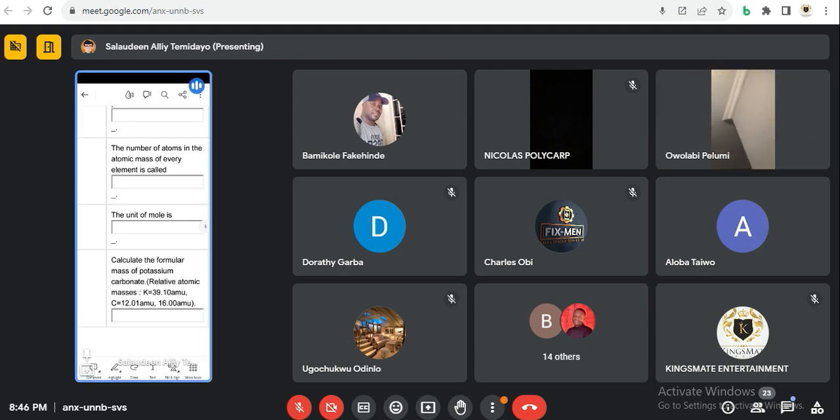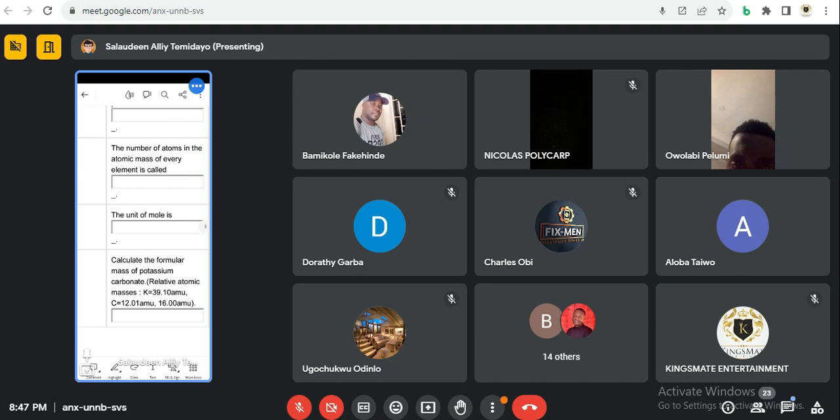I think they are putting the decimal point here. They are saying 39.1, so you can do 39.1 times 2. That will give us 78.2, plus the relative atomic mass of carbon, since it is K2CO3. So C is 12.01, that is 78.2 plus 12.01.